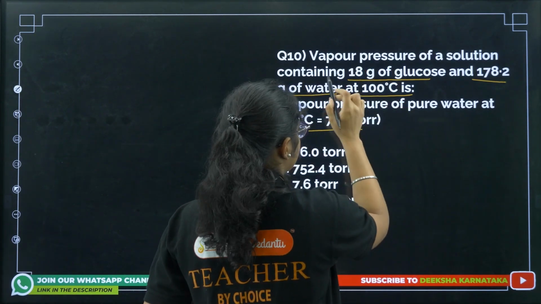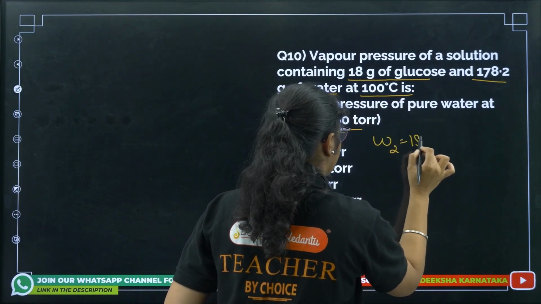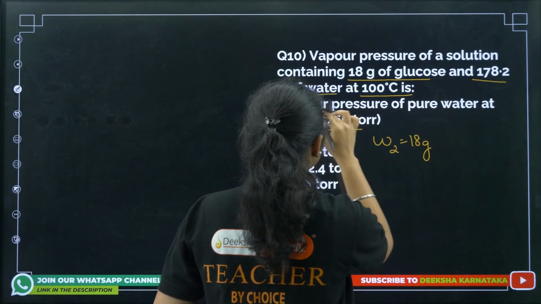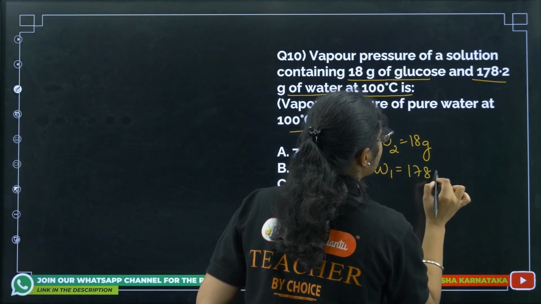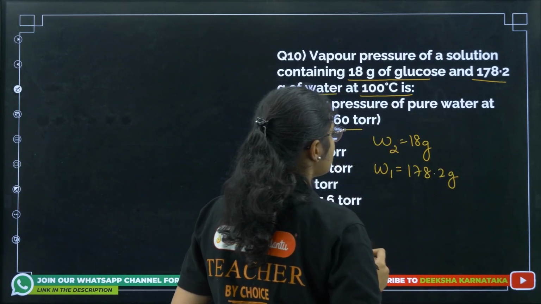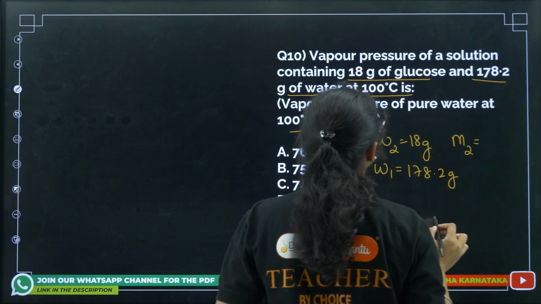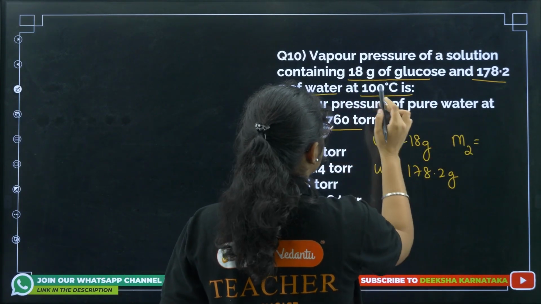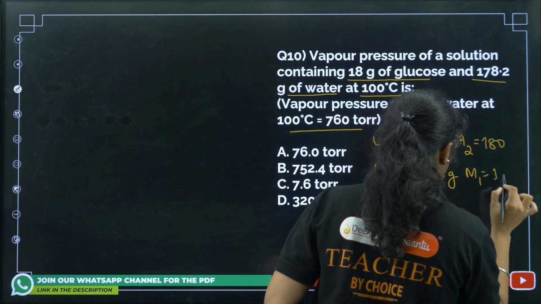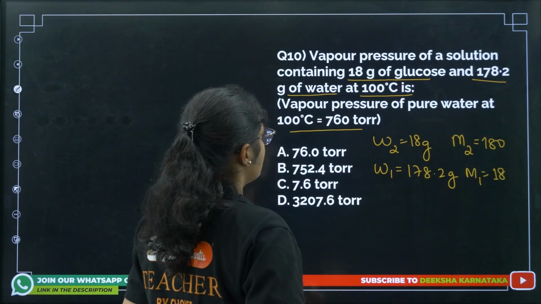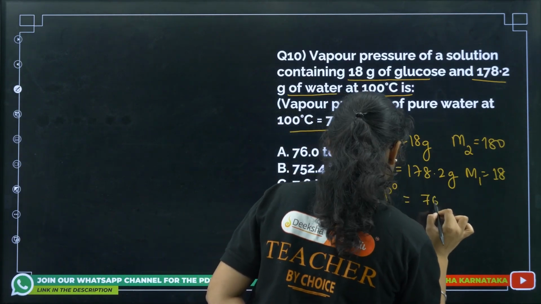All the data I will write down first. 18 gram of glucose, so W2 is 18 gram. 178.2 gram of water, W1 is 178.2 grams. Now what is the molar mass? M2, molar mass of glucose, is 180, right? And then molar mass of solvent, that is water, is 18. And the vapor pressure of pure water, P0 value, is 760.